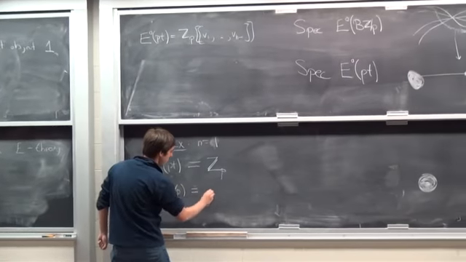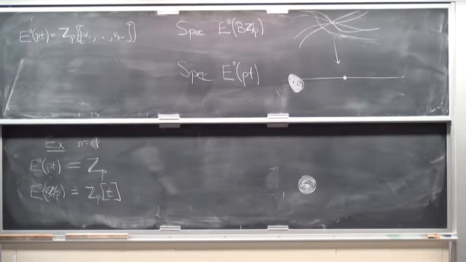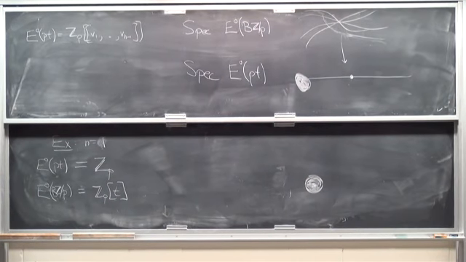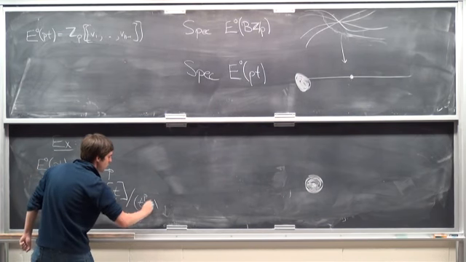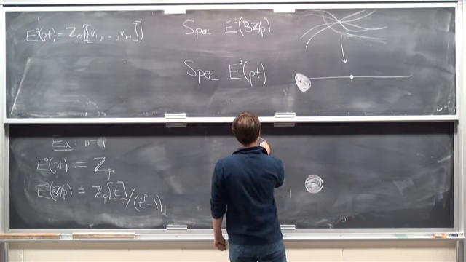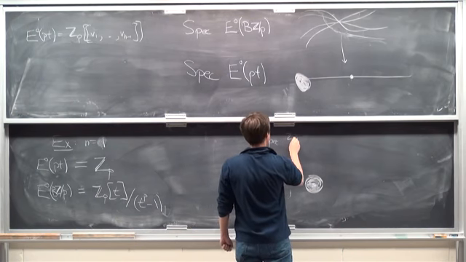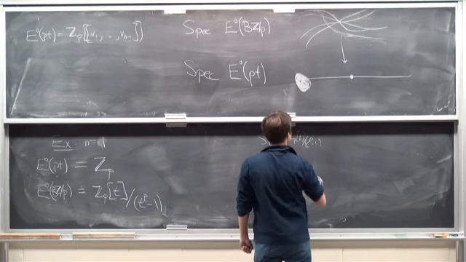So this thing as a ring looks like Z_p adjoin T, if T is your favorite irreducible, modulo T to the P minus 1. So what do you get when you take spec of Z_p[T] mod T to the P minus 1?